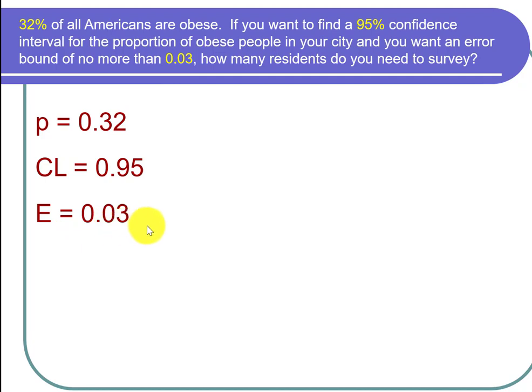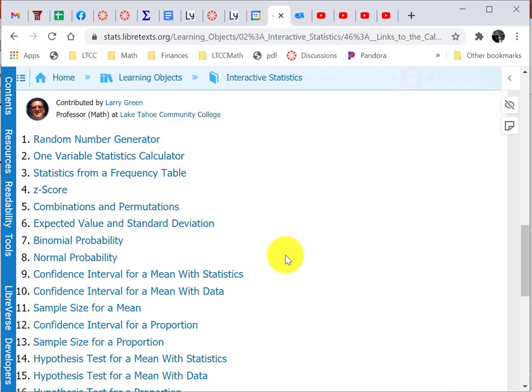So now that we have our numbers that we need, let's go to our calculator. So here's the calculator, and we want to find out what sample size is needed for a confidence interval for a proportion, because it's a yes-no question. Are you obese or are you not obese?